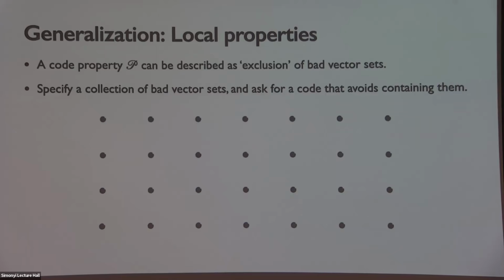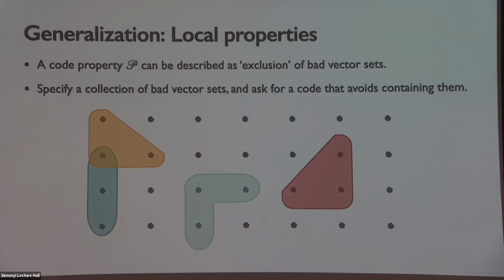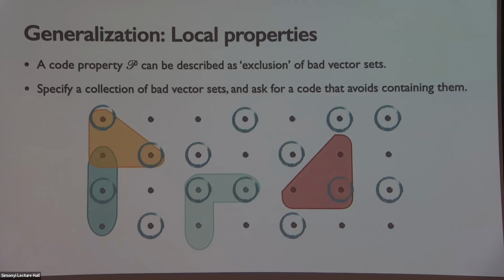So what does it look like? Let's say that this is all of F_q to the n. This is not our code, it's all of F_q to the n. I'll specify my bad vector sets. We always take the vector sets to be of the same size. Here it's of size 3. Now I want a code that avoids all of them simultaneously. It can contain any 2 of them, any 1 of them, but not all 3 simultaneously.